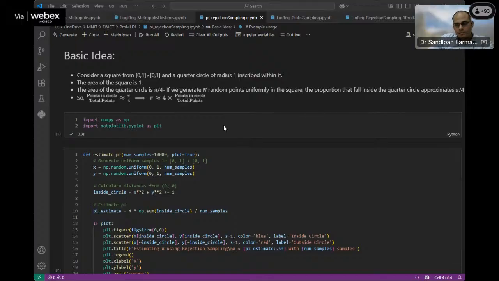Can I start? In files, go to files, then lecture materials. No, not in inbox. You go to files, then lecture materials.